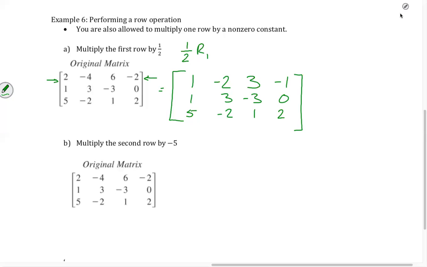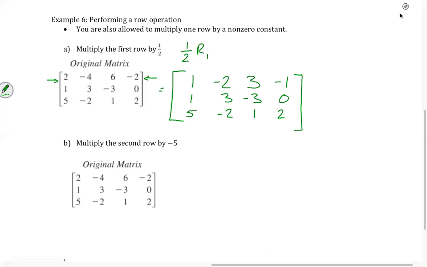So if you think of the first column as x, the second one as y, the third column as z, and these were, say, my answers, right here I could subtract the first row and the second row to cancel out my x's.